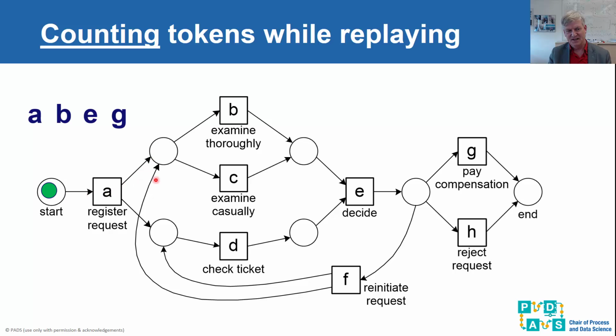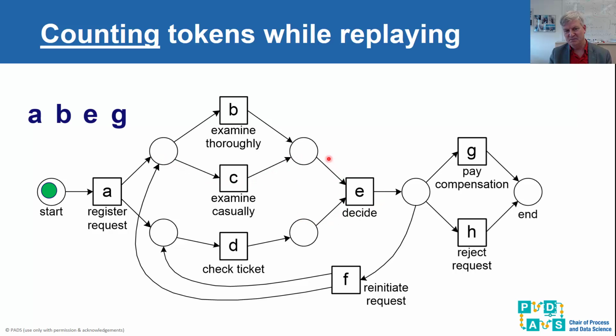Then there are two sub-processes executed concurrently. So these two branches can be executed in any order. These activities may also run concurrently at the same time. Here there is a choice between B or C. So if there is a token here, we can go like this, or we can go like this.